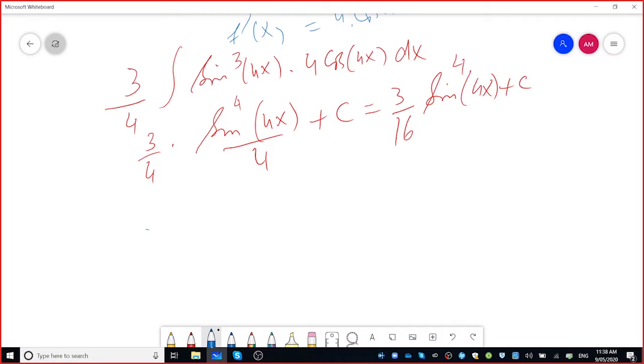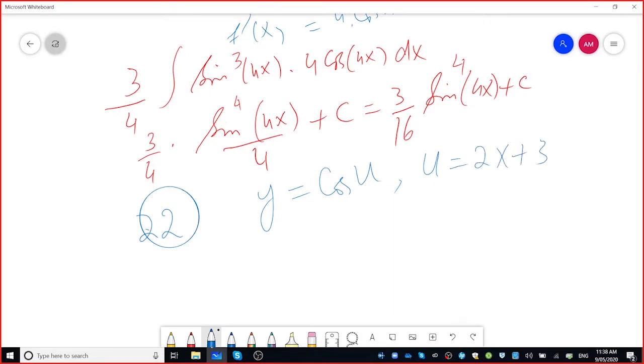So let's try to do question number 22. And what is it? y is equal to cos u, and u is equal to 2x plus 3. And what do you want? You want to know dy upon dx. So how to do that?